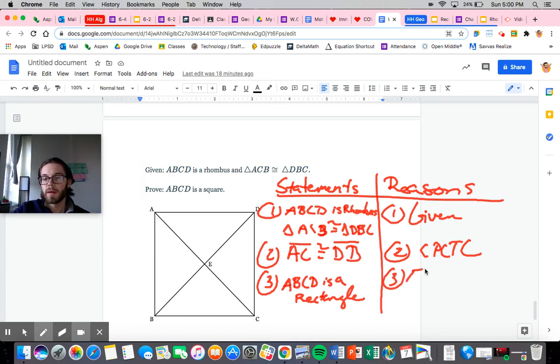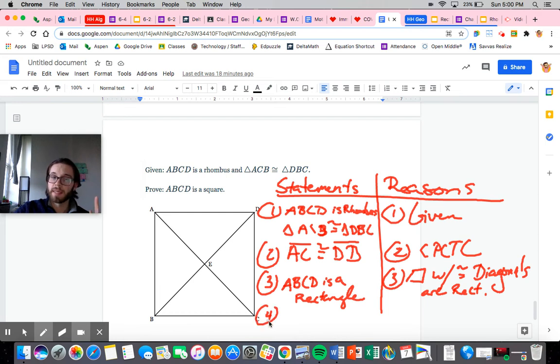So it is a parallelogram with congruent diagonals. And those are rectangles. Okay, now I have it as a rectangle and I have it as a rhombus. And I already knew it was a parallelogram because I knew it was a rhombus. So I can say that ABCD is a square.